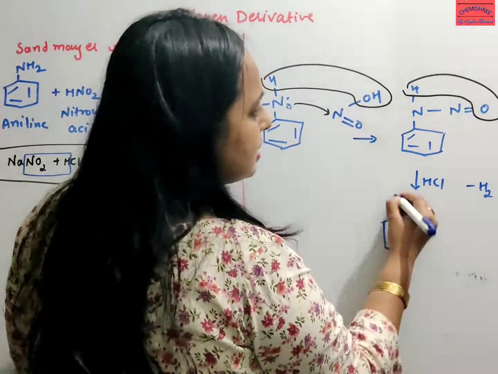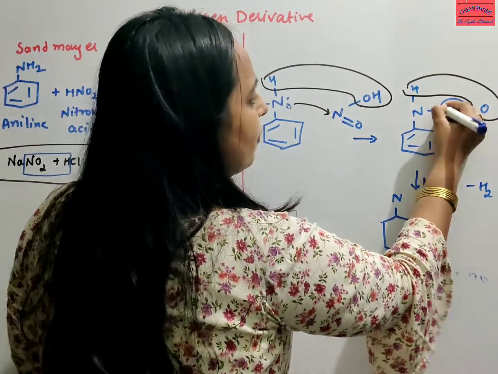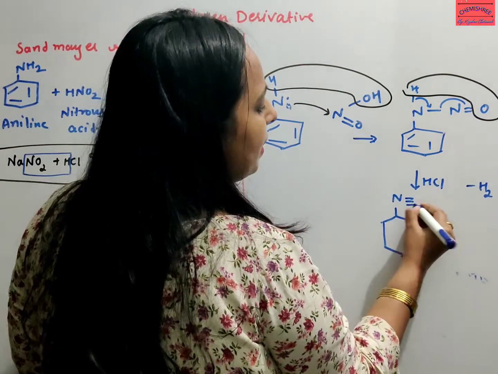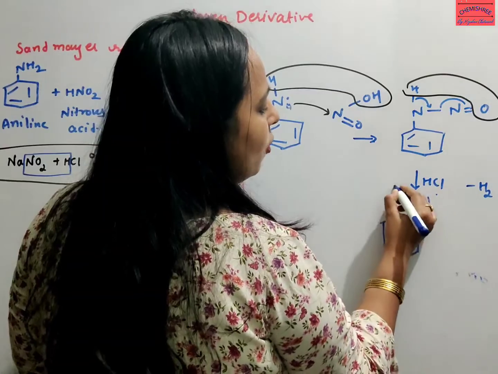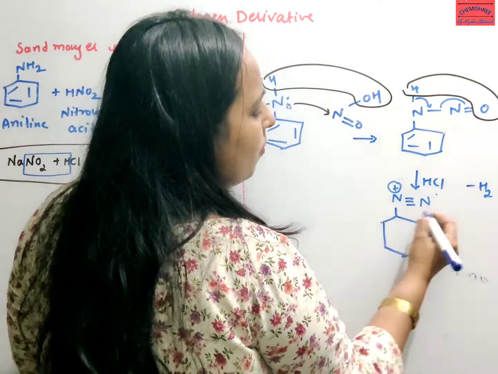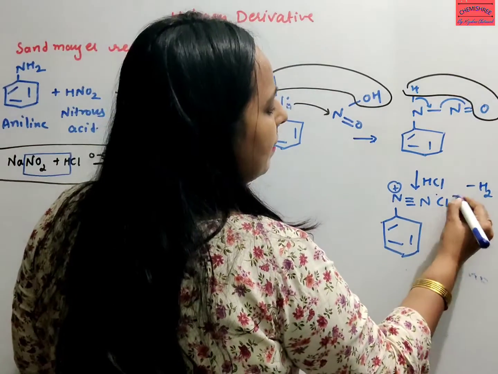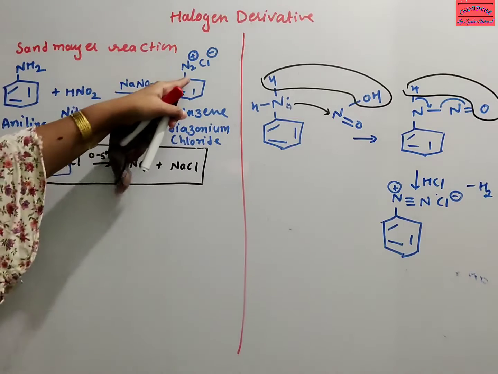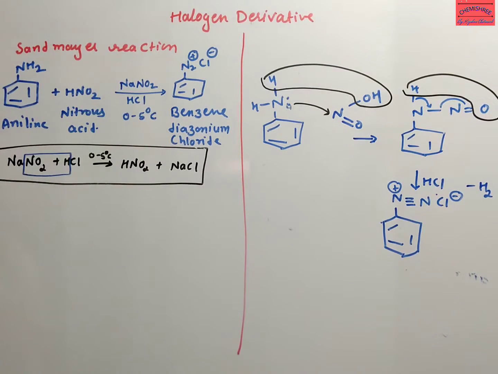So this bond shifts here, this bond also shifts here, and you will get N triple bond N over here with plus charge, and Cl minus. So there is a formation of benzene diazonium chloride, N2 plus Cl minus.